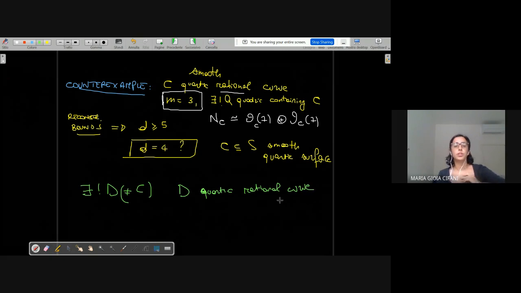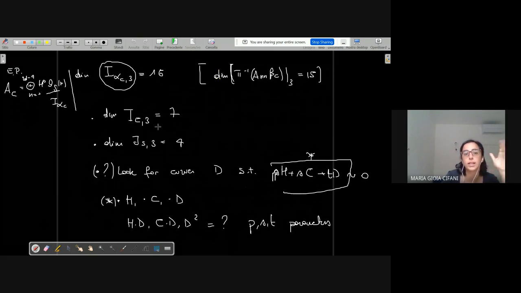And this quartic rational curve, from the geometry of the situation, should be the quartic given by the quadric containing C, intersected with S, containing C and D. So it is the other component of the intersection of the quadric with S. This is degree 4, this is degree 2, and those are degree 4. So we have to add here, and there is nothing more.